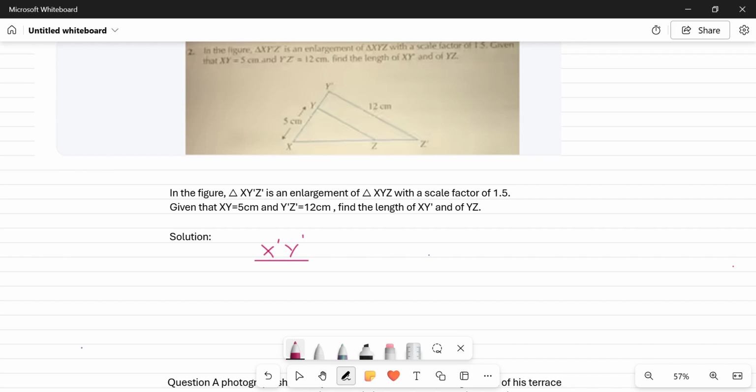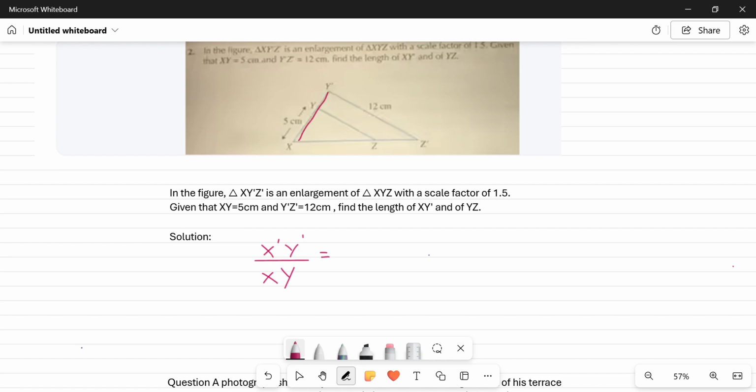Over, meaning in the denominator, you need to write down the corresponding side, right? So the corresponding of this one is XY, right? Now equals to the second ratio, the first part belongs to the enlargement. The corresponding of X dash Y dash, as you can see in the diagram, is this one.